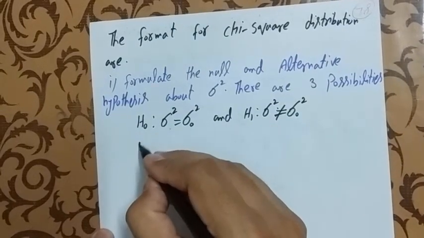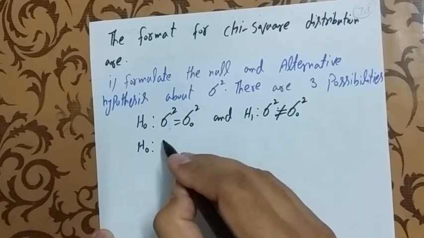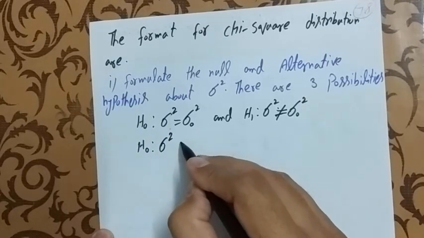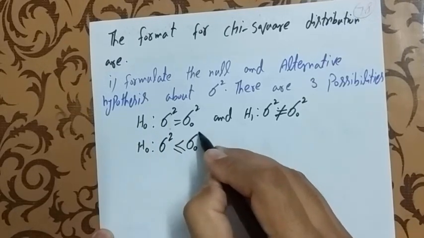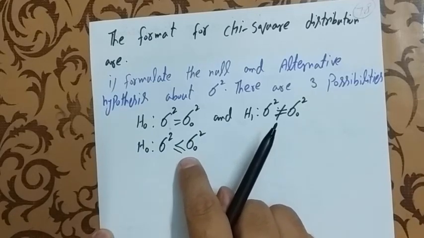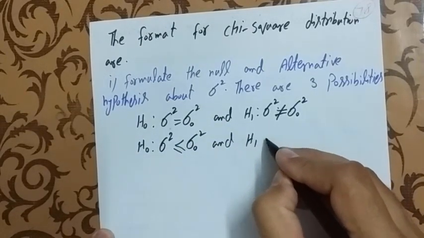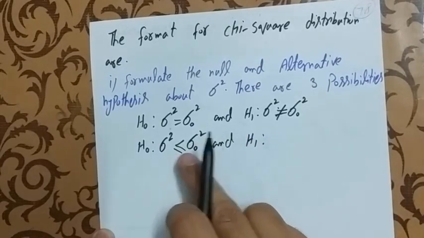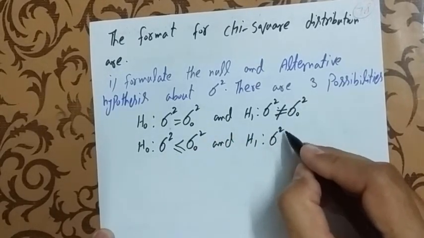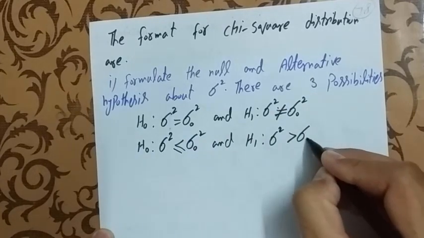And the second possibility is, if H naught is sigma square less than or equal to sigma naught square, then the alternative hypothesis is sigma square greater than sigma naught square.